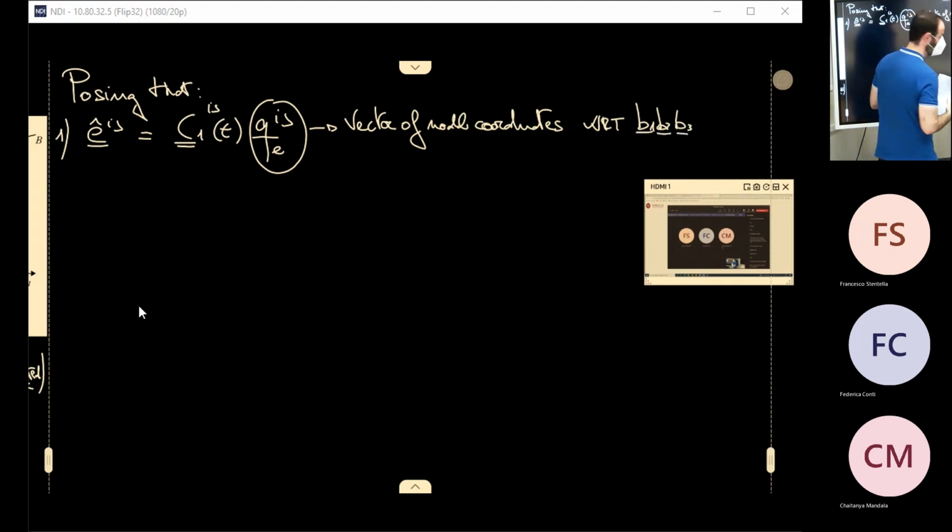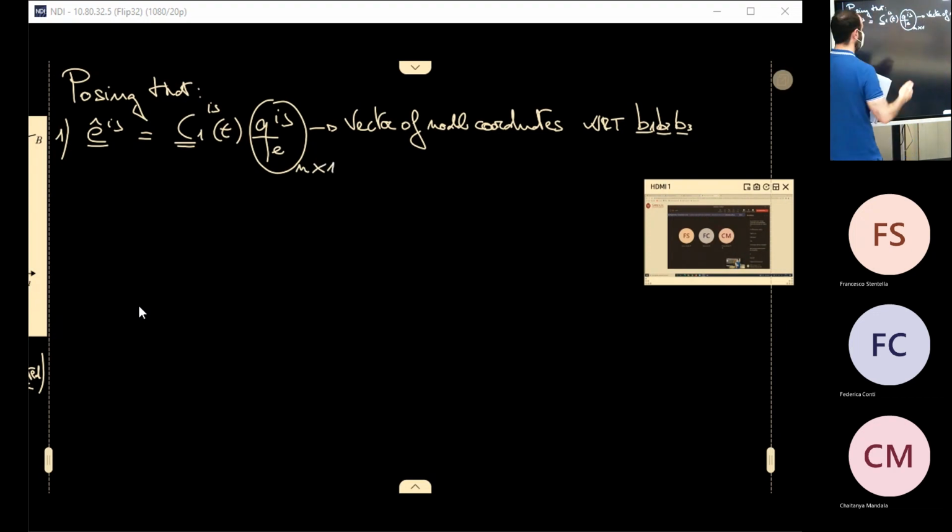Okay, very well. This, as we know, was an n times 1 vector. This must be an n times n matrix, which basically describes again the mutual orientation existing between what? The intermediate frame and the body frame.